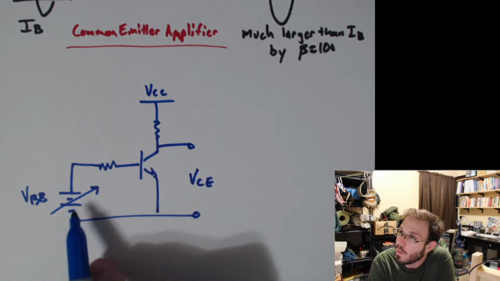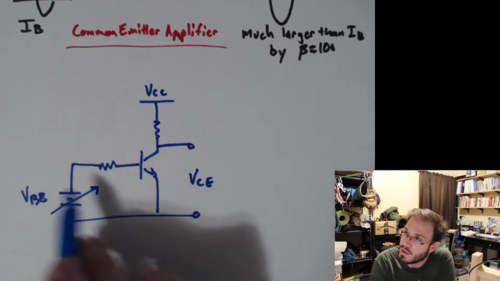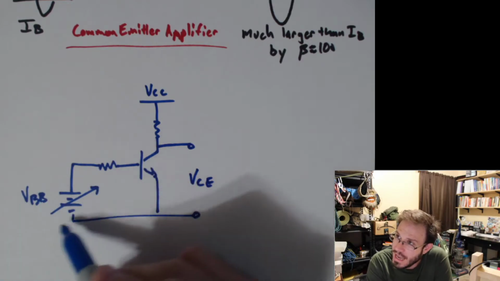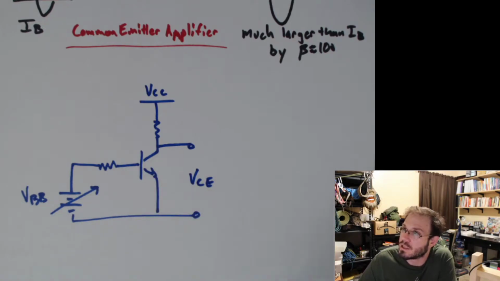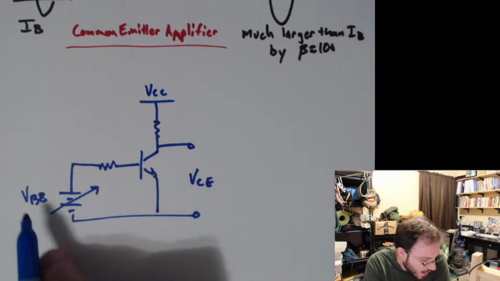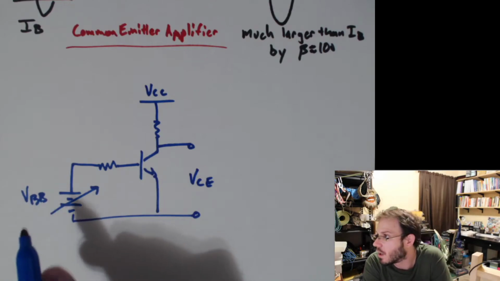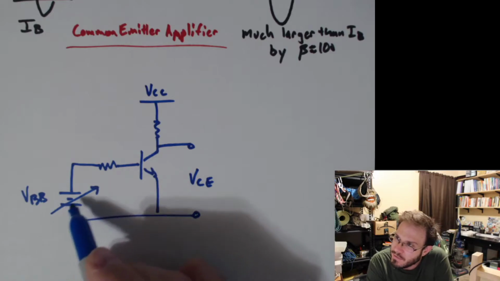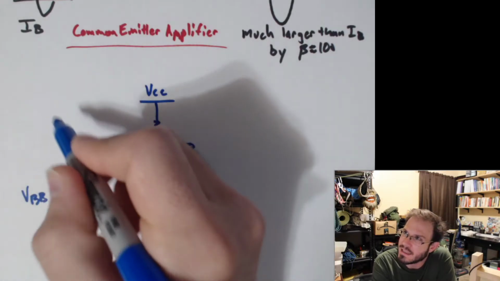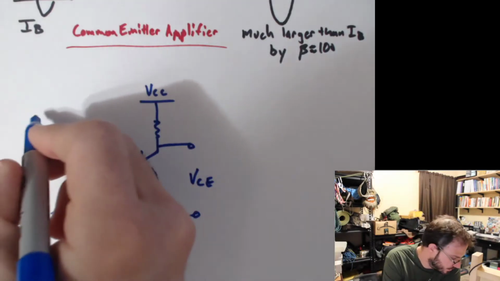So now we have an input in terms of a changing voltage, hence the diagonal arrow that I've put through the voltage source over here, and I've labeled it as VBB for our base bias voltage. And so you can think of this varying voltage as that signal.